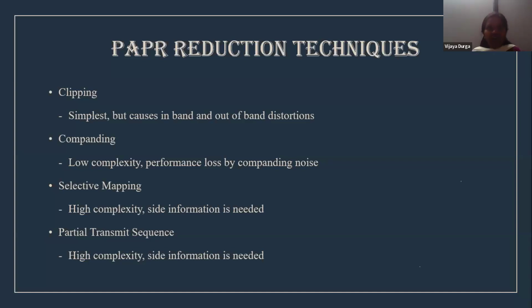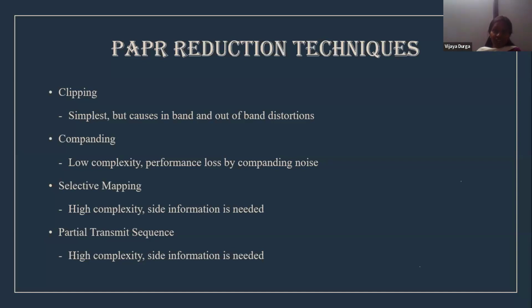If you take mu-law companding, especially for the UFMC technique, the value of mu starts from 1 up to 255. If you take mu equal to 1, let us assume the PAPR is around 8 dB, or let us assume 10 dB.